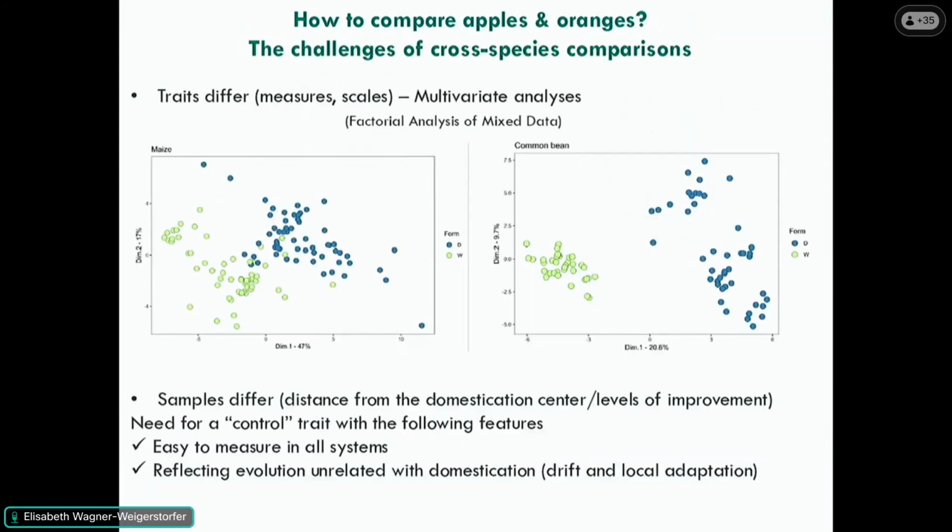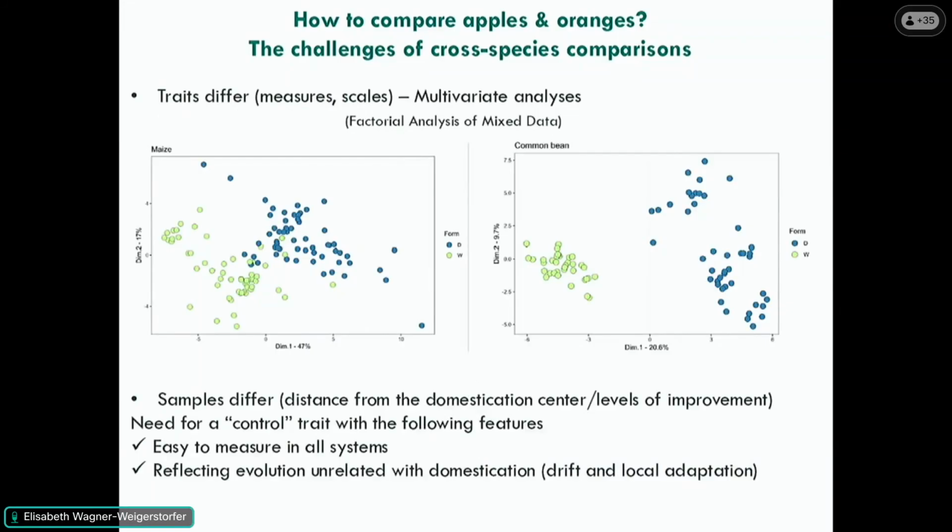Then we wanted to determine the phenotypic evolution in a multivariate space, accounting for all these traits. But we bumped into a first problem, which is basically that we were trying to literally compare apples and oranges, right? So we measured a lot of different traits in species that are extremely different.